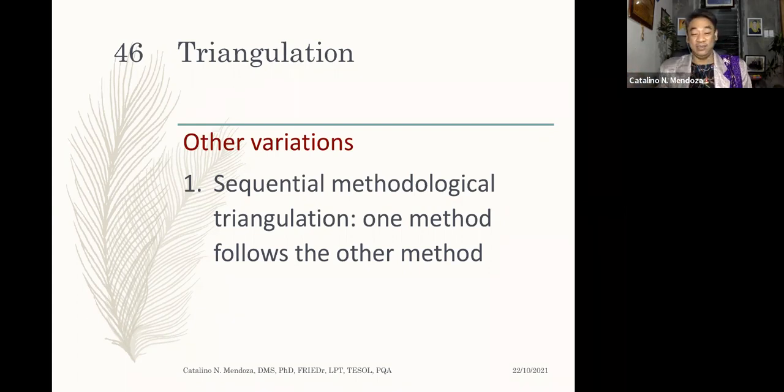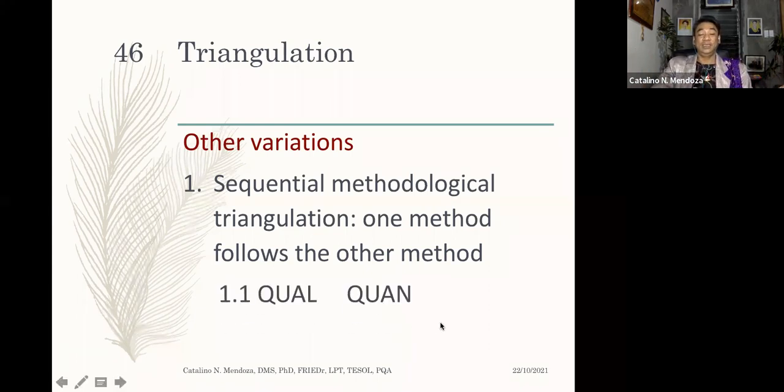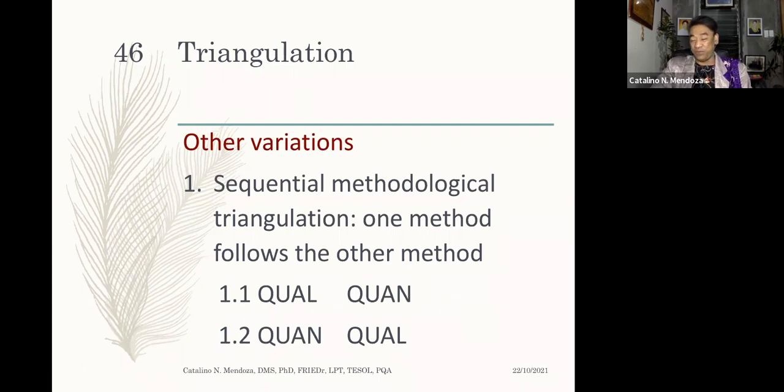So, sequential: you are verifying what has been done in the previous years and what is existing at the present year. As an example, qualitative then quantitative, or quantitative then qualitative. But in the qualitative research design, we also have qualitative 1 and qualitative 2, qualitative 2 and qualitative 3, etc.